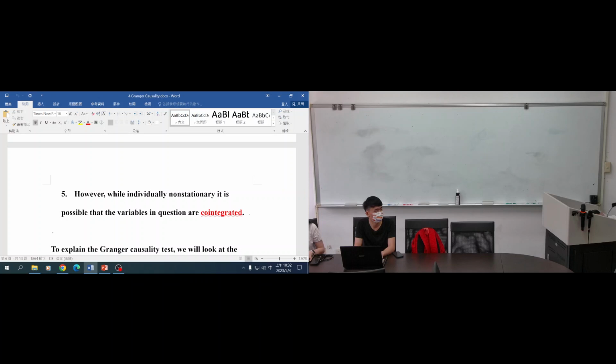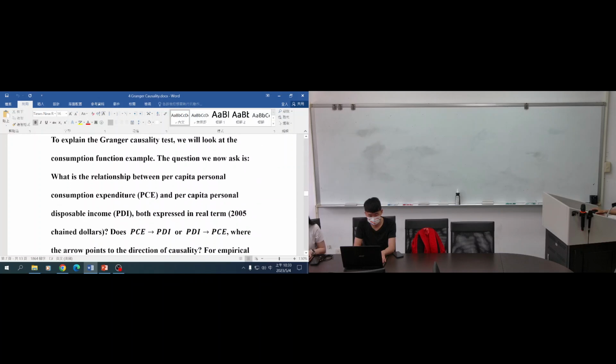After we test those co-integrated situations, even if individual X or Y are non-stationary, if combined they are co-integrated, then that's safe. We can also do the Granger causality test. This is what we mean. Understand? So we'll talk about the concept of co-integration, and also the concept of stationarity. Okay, this is the main topic.